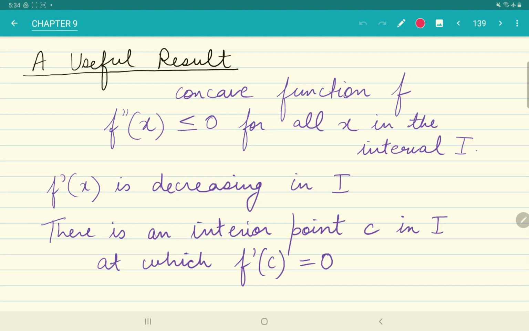We started with the fact that we have a concave function and there is an interior point C in I at which f prime C is equal to 0.